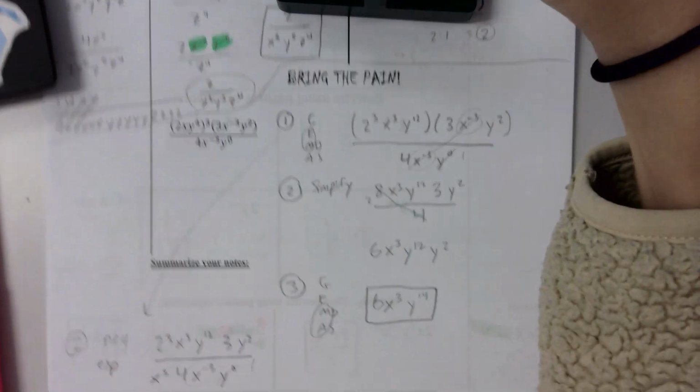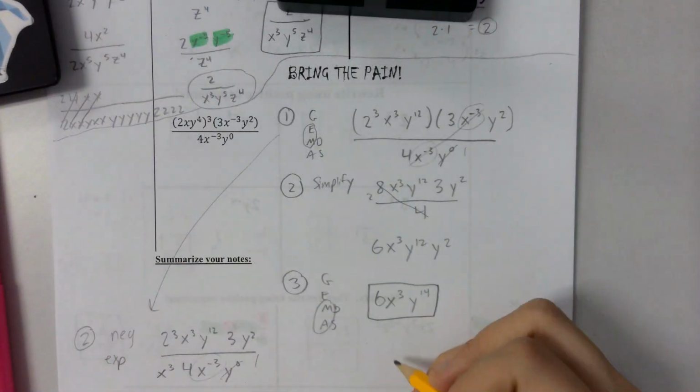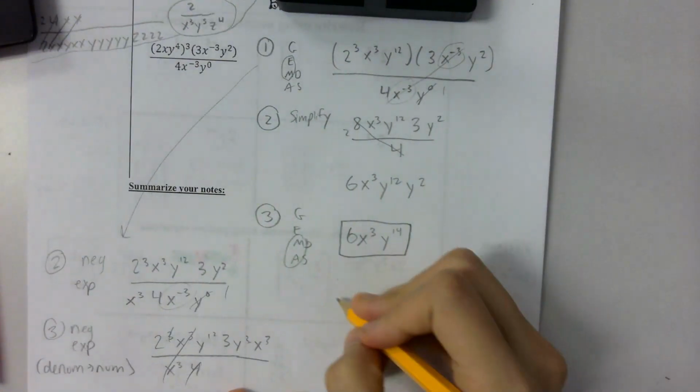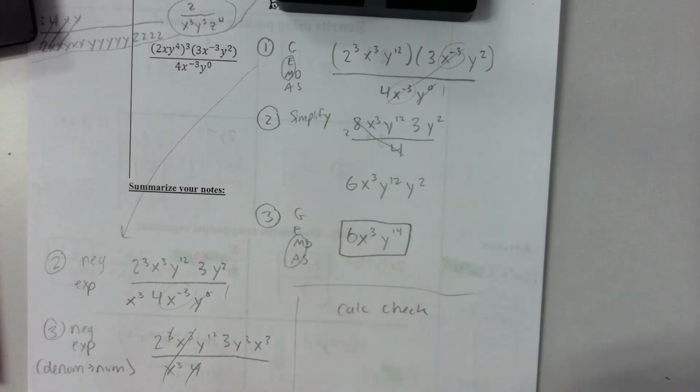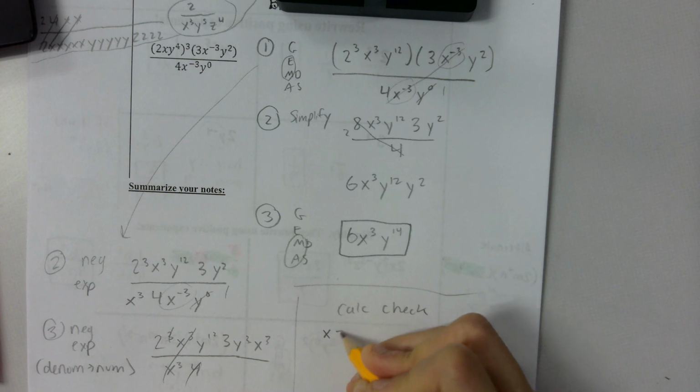And then let's real quick do a calculator check, right? Calc check. We're just going to pick random numbers. We're going to pick x equals 1, y equals 3.